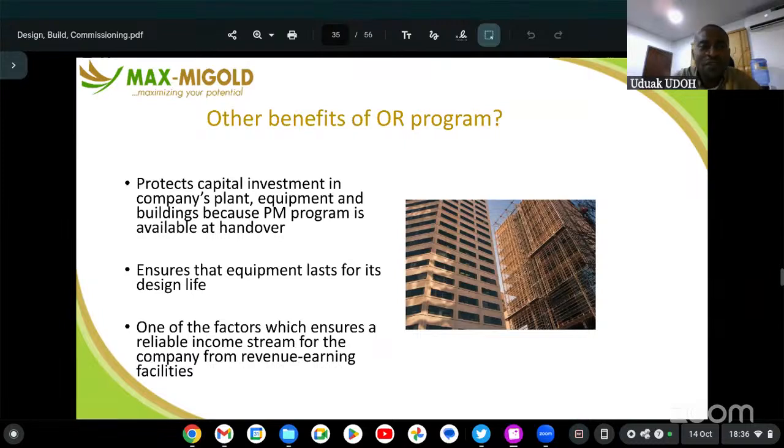And so one of the factors which ensures a reliable income stream for the company is when establishments earn revenue from the key things facilities are doing. That's why I say we are also business managers, because we want the business to grow. So as facilities managers, we make sure that the environment is fine, operations are nice, maintenance is okay, and we do our maintenance not when we have visitors on site or numerous occupants, and that's when we say, please, I need to repair this.